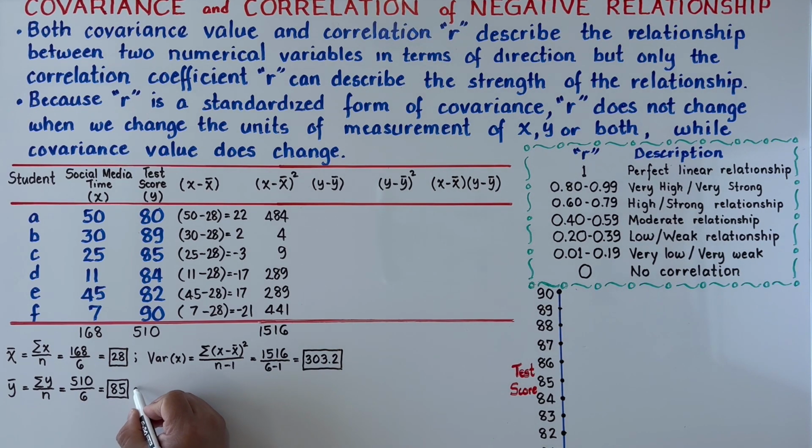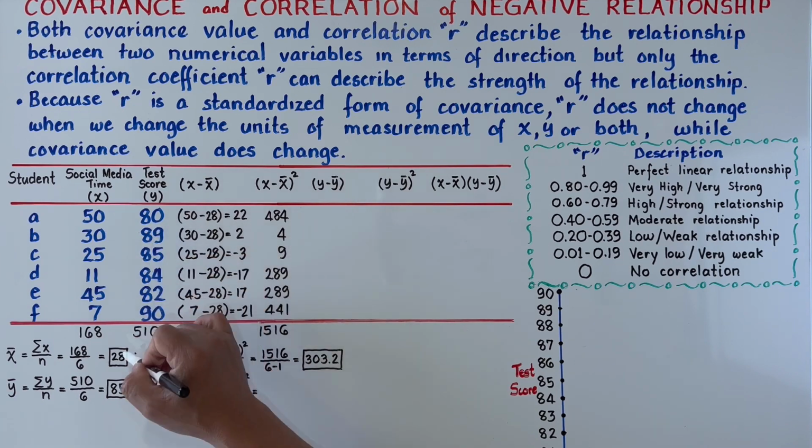Now let's compute for the variance of the variable y. So the variance of y is equal to the sum of the square deviations of every y value from its mean divided by n minus 1. So to get this variance of y, we just subtract every y by its mean.